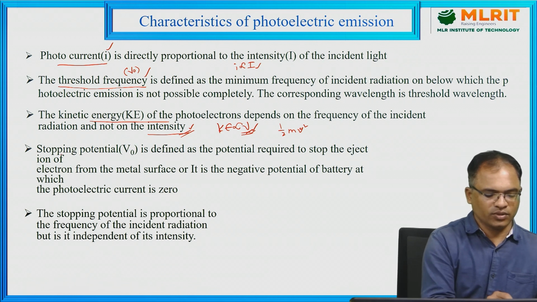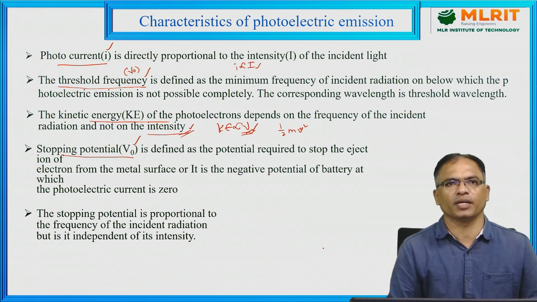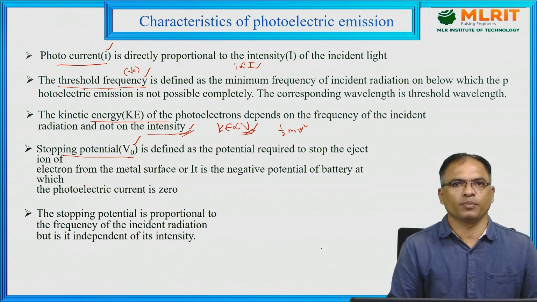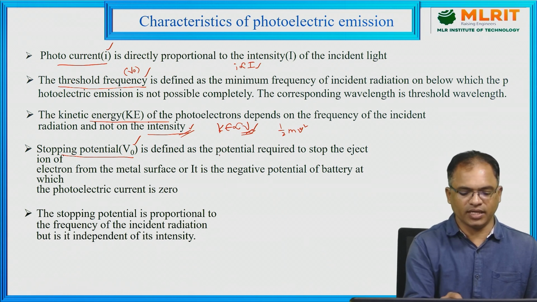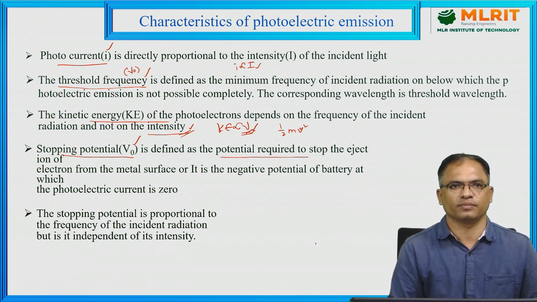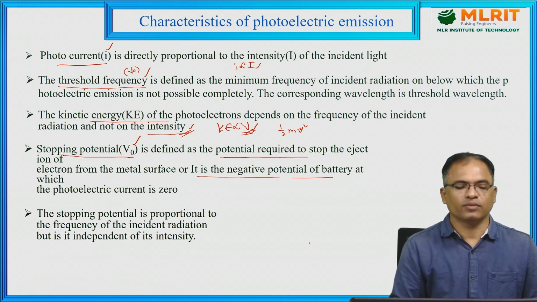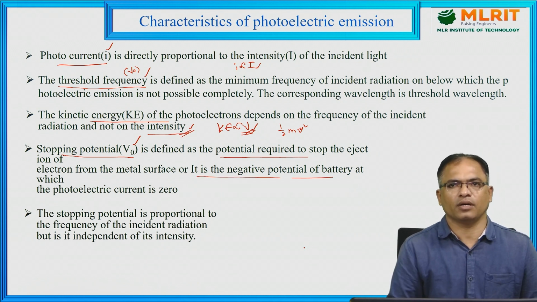Next, the most important word here is stopping potential, denoted by capital V naught. So stopping potential is defined as the potential that is required to reject or stop the photoelectrons. The negative potential required to stop the photoelectrons or to make photocurrent zero is called stopping potential.